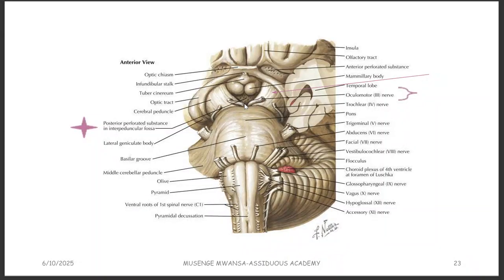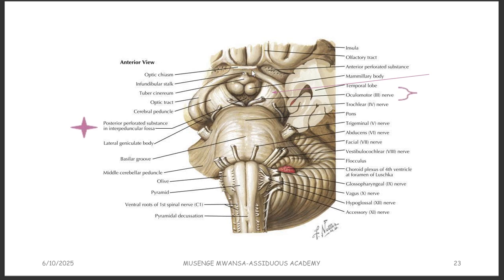You can see this one here. Okay, the crus cerebri is lateral, and then it's here. That is going to be cranial nerve number 3, the oculomotor. So that is simple on the midbrain, isn't it?